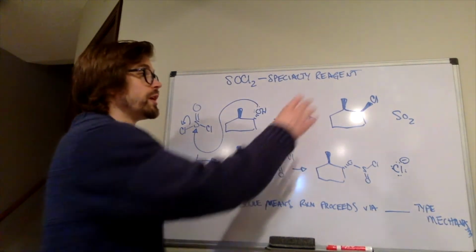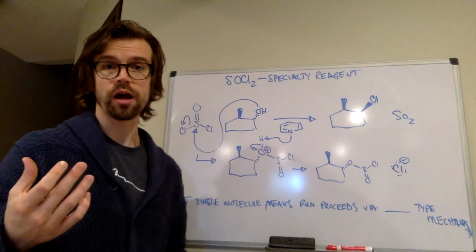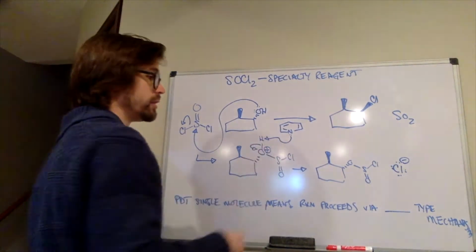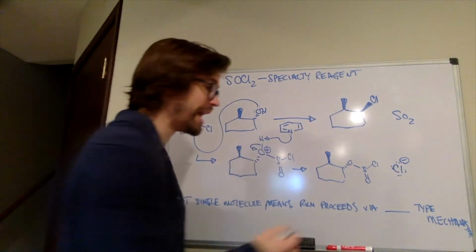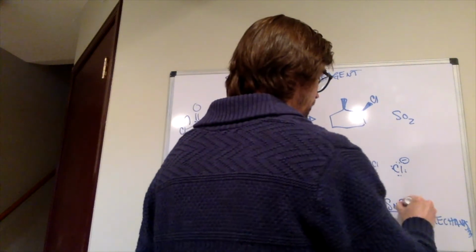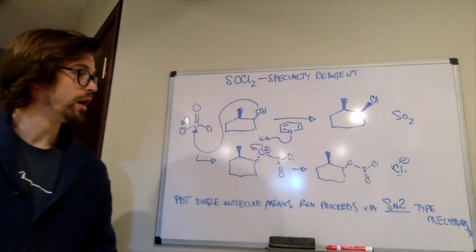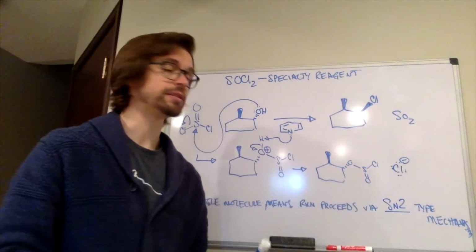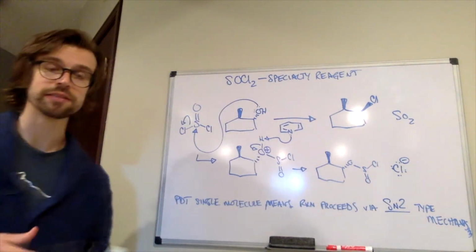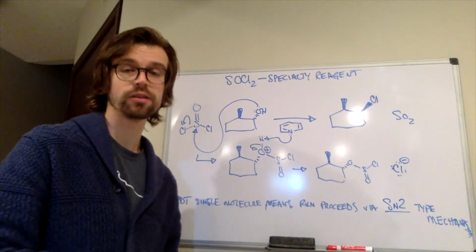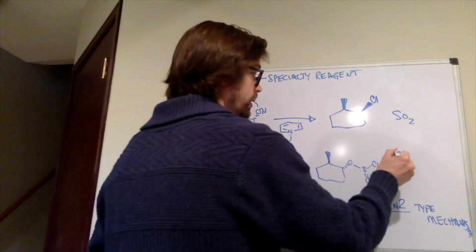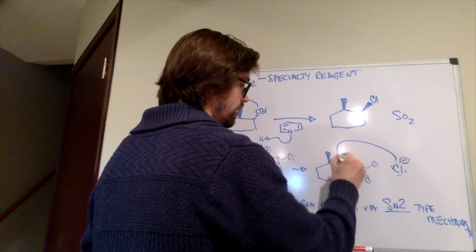But here, we only get one product molecule, and it's inverted. So that must mean it's going through an SN2, or bimolecular, type mechanism. So we have our leaving group, and the Cl- has to add to the back face of that OSOCl leaving group. So that would add there.